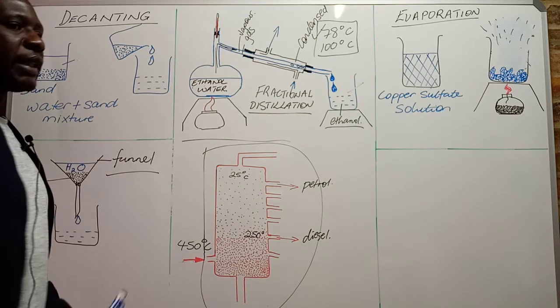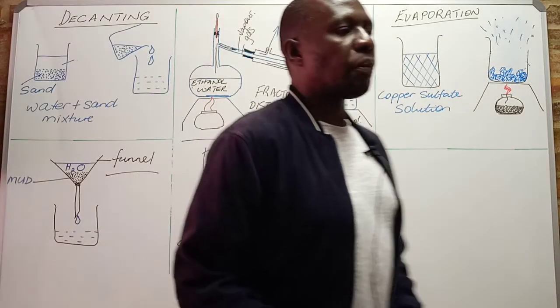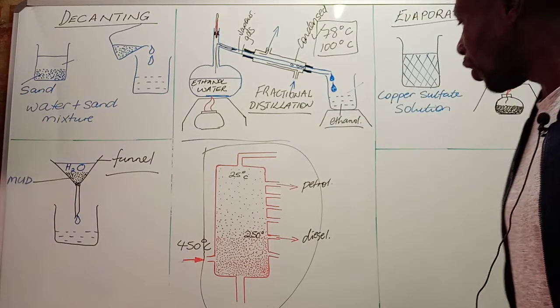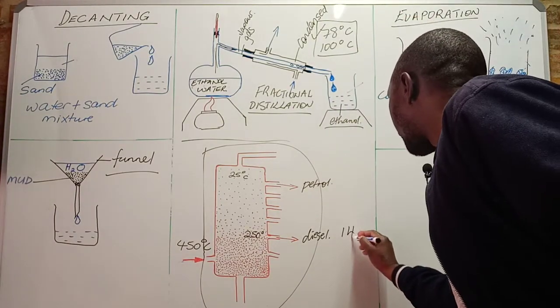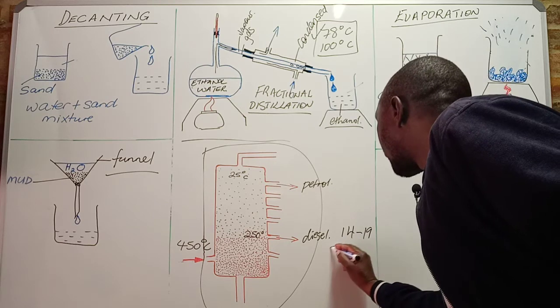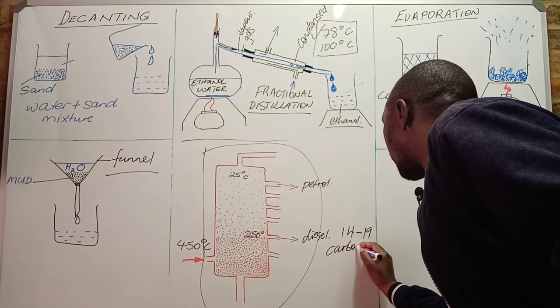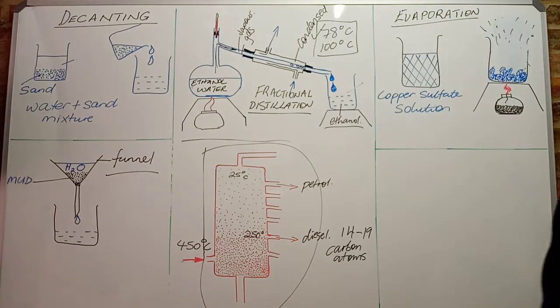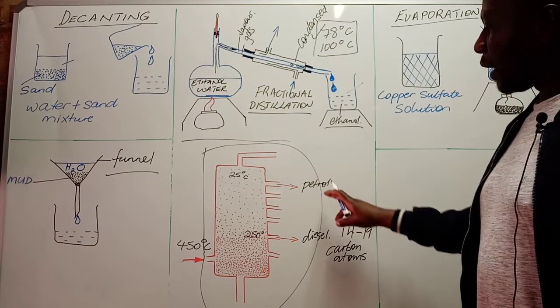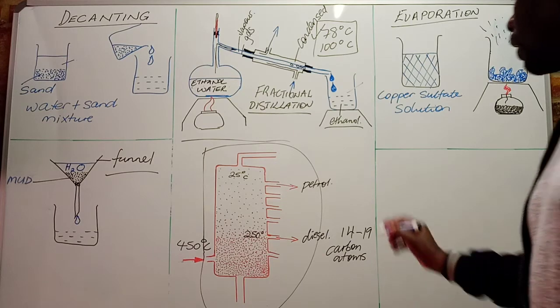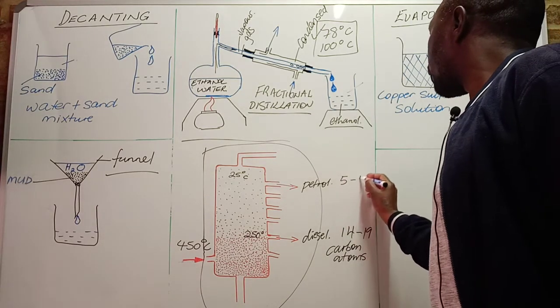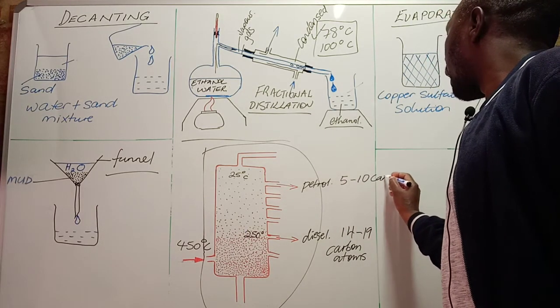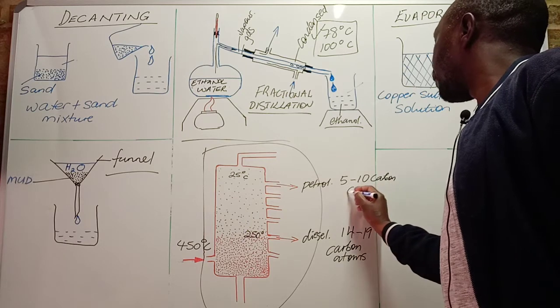However, the molecules of diesel contain 14 to 19 carbon atoms, and the molecules of petrol contain 5 to 10 carbon atoms.